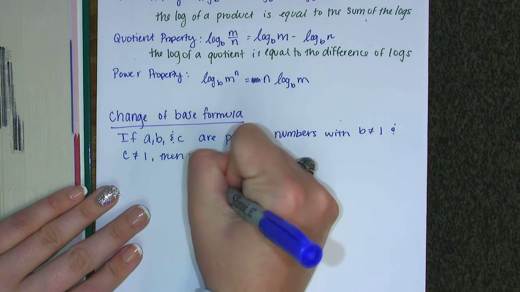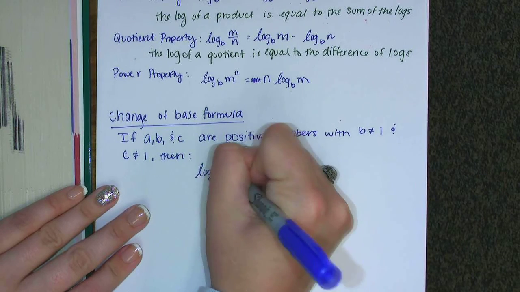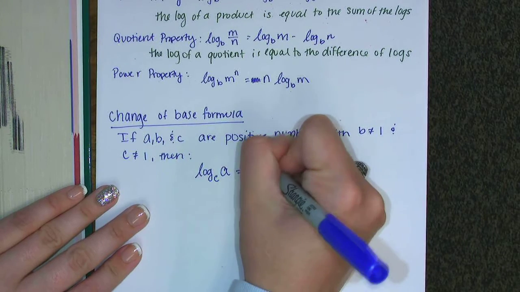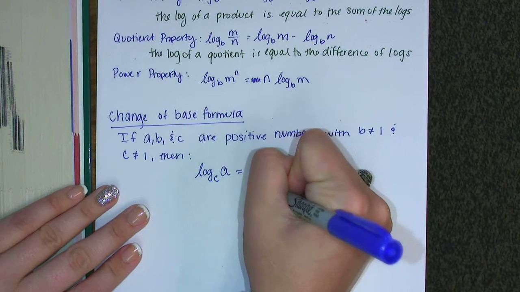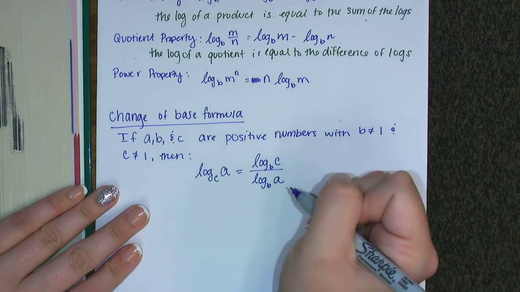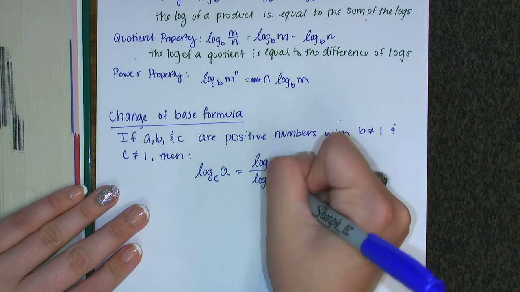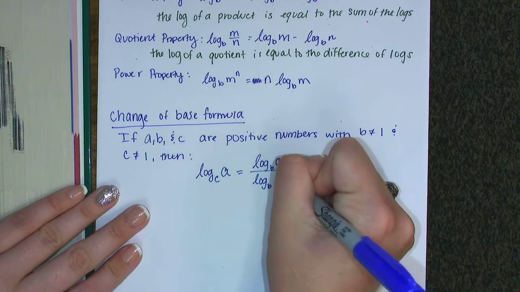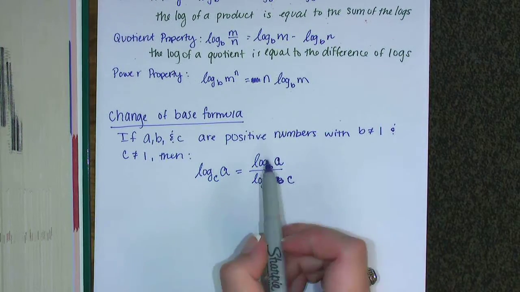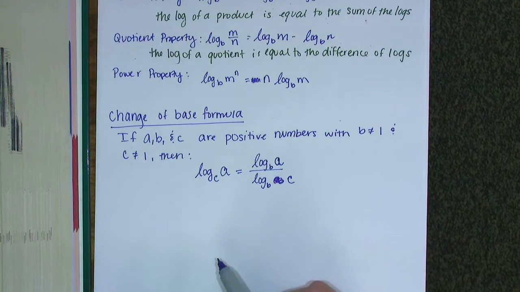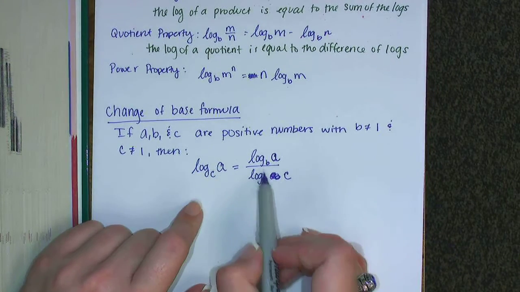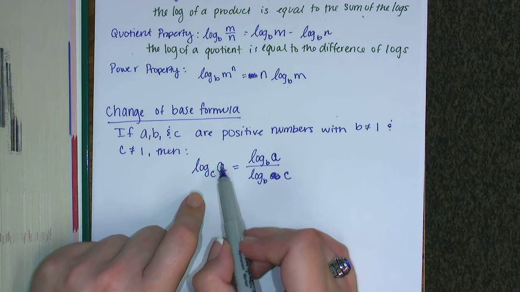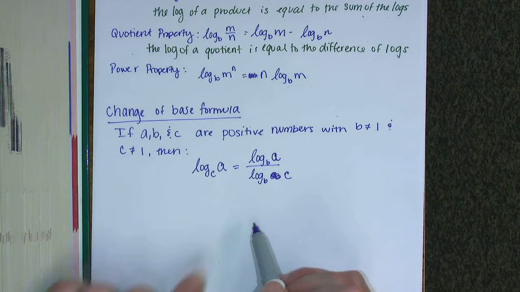Log base C of A is equal to log base B of C over log base B of, oops, sorry, I wrote these backwards. This one's supposed to be A and this one's supposed to be C on the bottom. Okay? So log base B of A over log base B of C. So when you're changing the base, you write your new base, and then it's the one that's higher up over the one that's lower, so A over C.